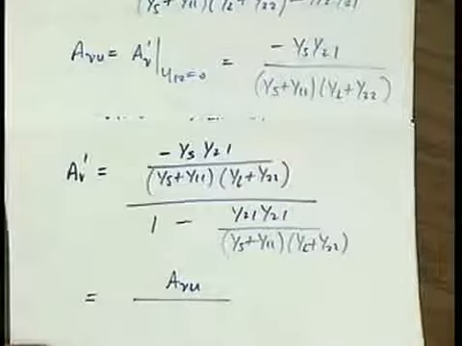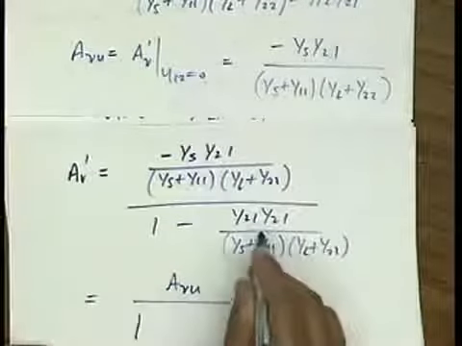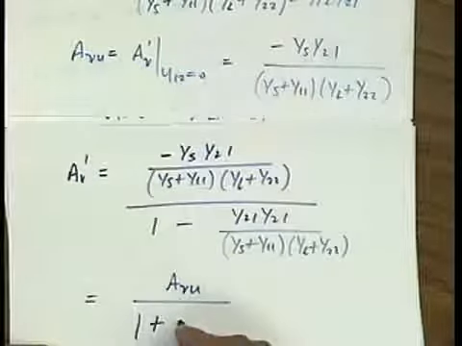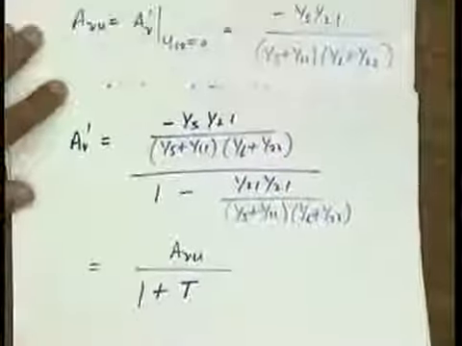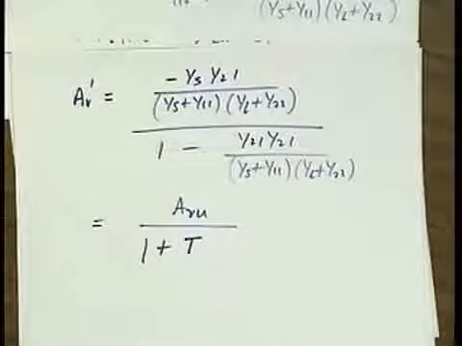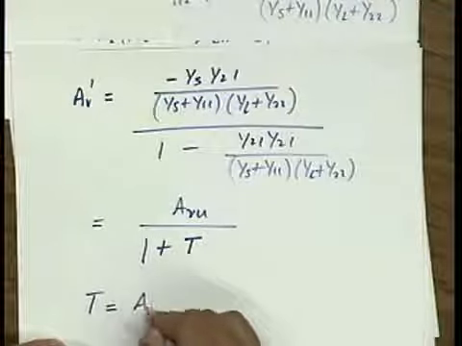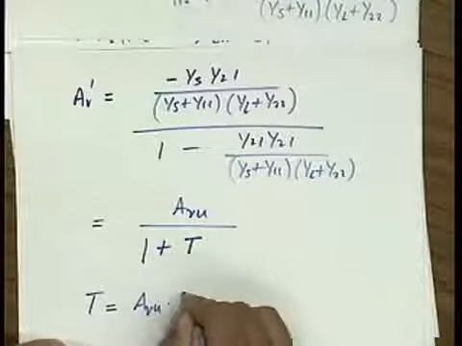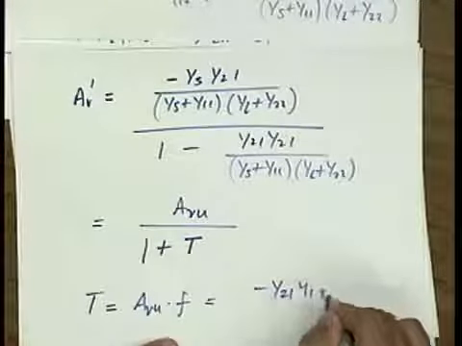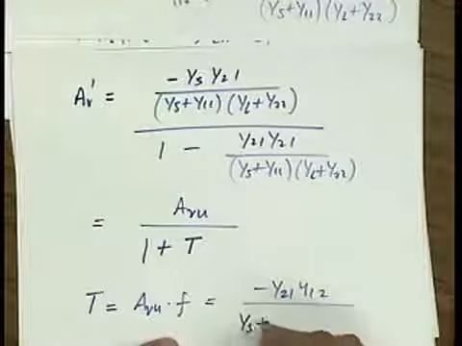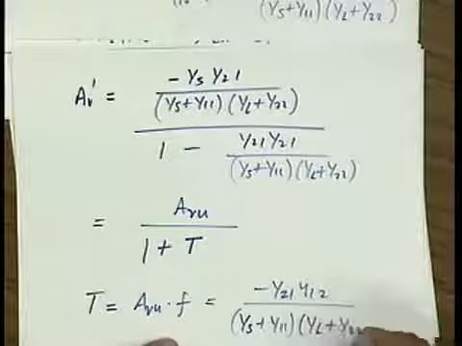So I substitute AVU, and this term therefore must be the loop gain. The loop gain of this feedback system, AVU times F, is minus Y21 Y12 divided by YS plus Y11 times YL plus Y22.